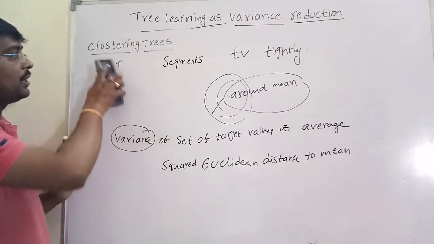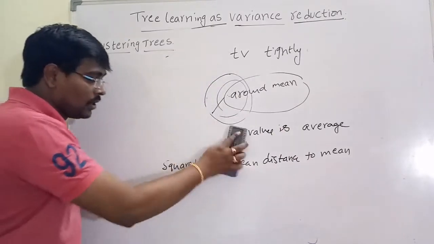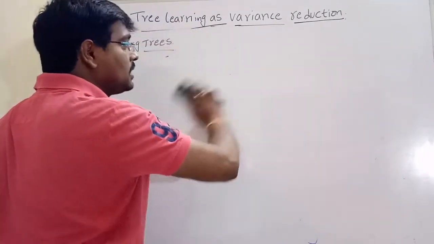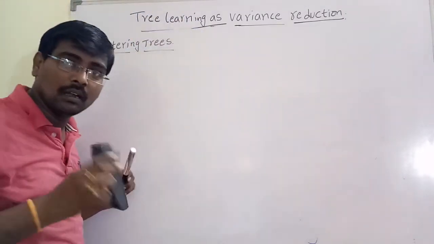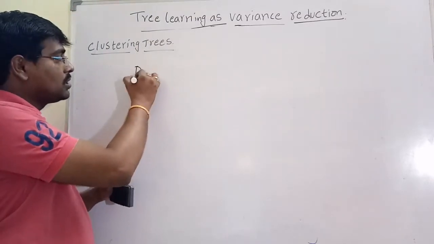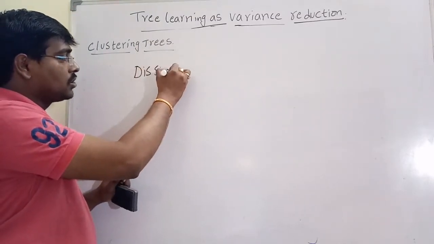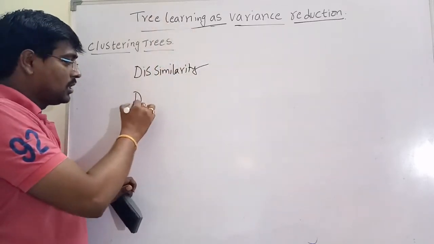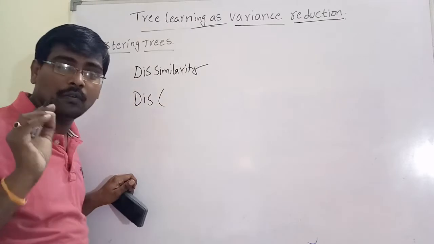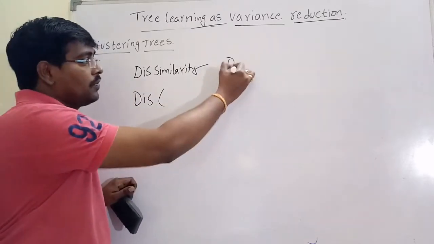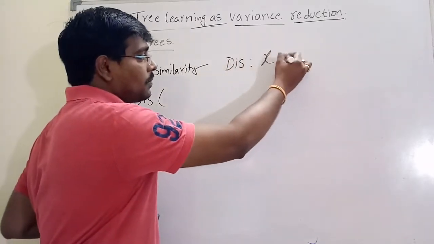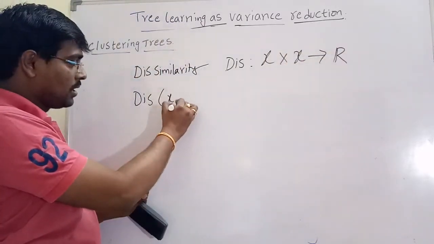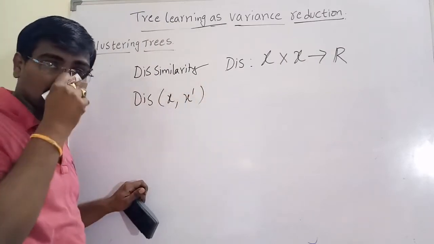And one more point is, in clustering, to check whether the samples present in the cluster are similar or dissimilar, we use a dissimilarity function or a distance function. Suppose we define a dissimilarity function on the instance space, dissimilarity of x, x dash.